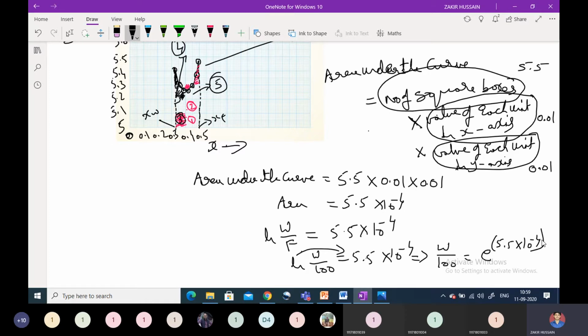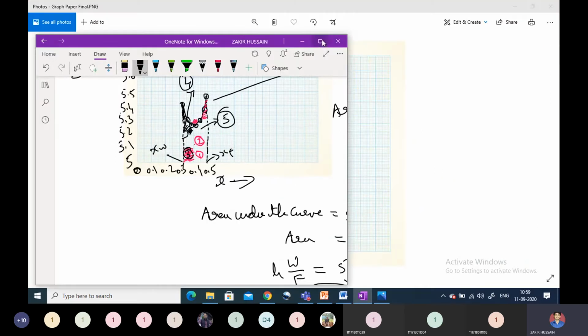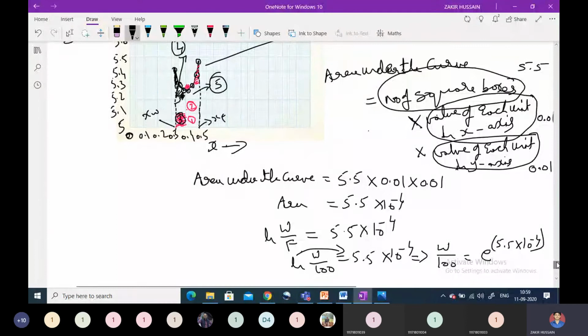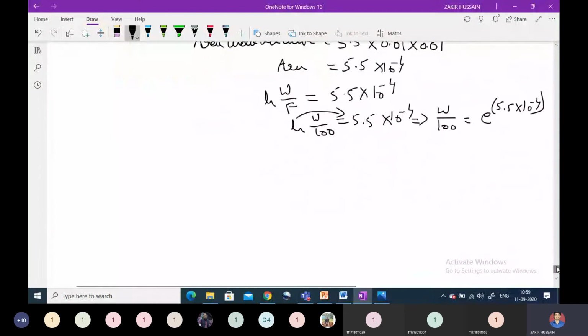So this will get around 1, this one W by 100. So W is 100. Okay, something is a problem in the graph. W can't be 100.